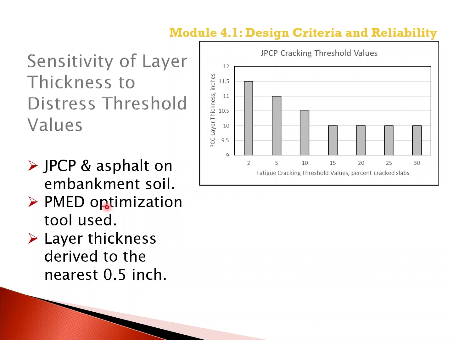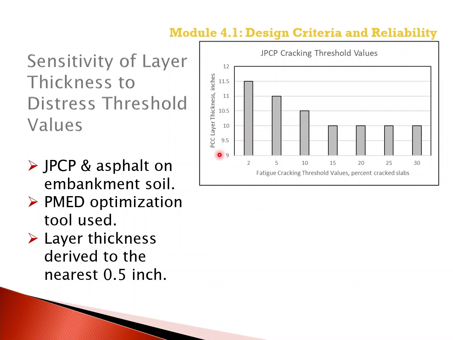The pavement ME design optimization tool was used to create these bar charts, and the layer thickness was derived to the nearest 0.5 inches. Again, these are simply examples to show the impact of the distress threshold values on the required thickness of the bound layer.